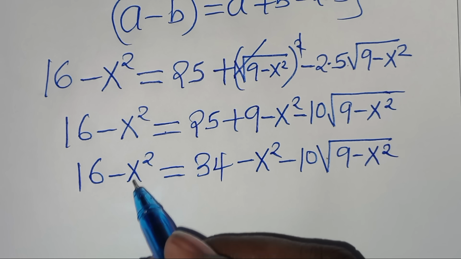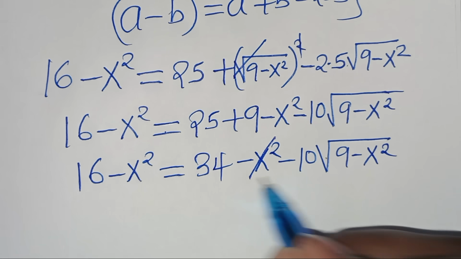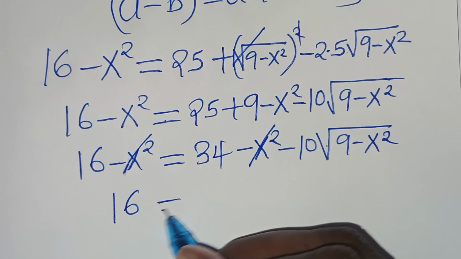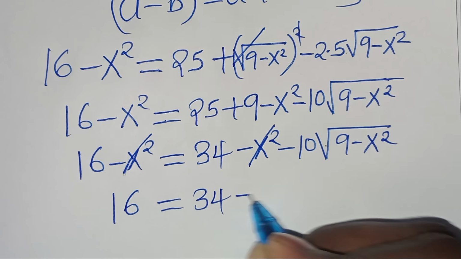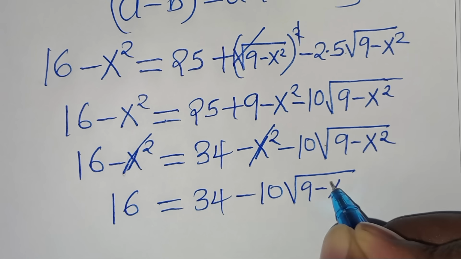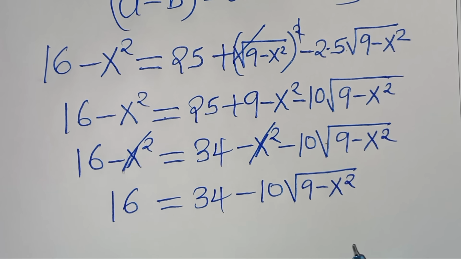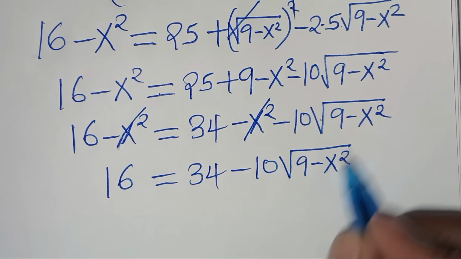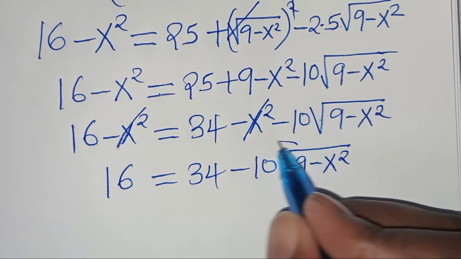So we have minus x squared here and minus x squared here. So this simplifies, so that we have 16. This is equal to 34 minus 10 square root of 9 minus x to the power of 2. Now, the next step is to take minus 10 square root of 9 minus x squared to the left hand side.